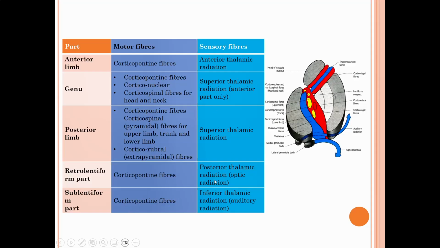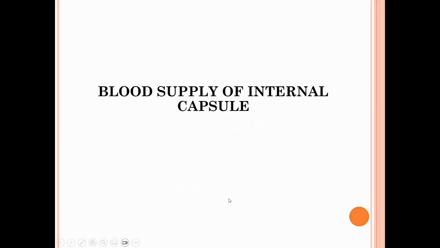Okay, and here you can see the posterior thalamic radiation, optic radiation, the fibers through the retrolentiform part. That is what we have seen, LGB forming the visual pathway, and here they are going through MGB forming the auditory pathway. Now the most important part of internal capsule, that is the blood supply of the internal capsule.